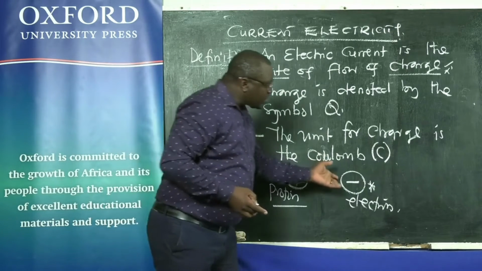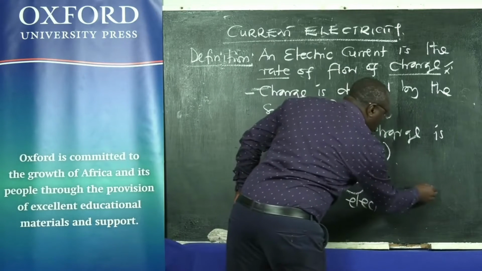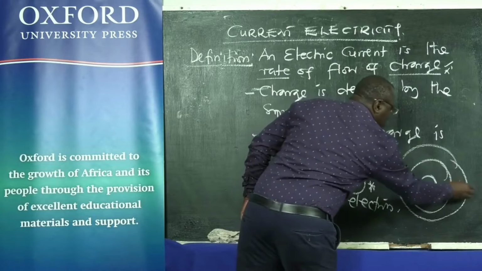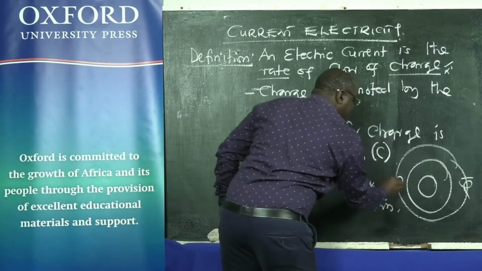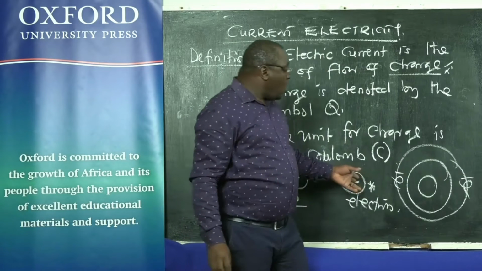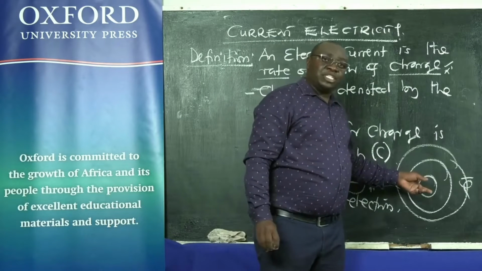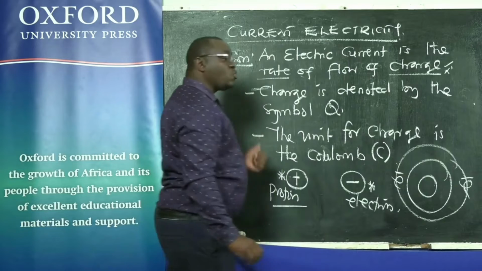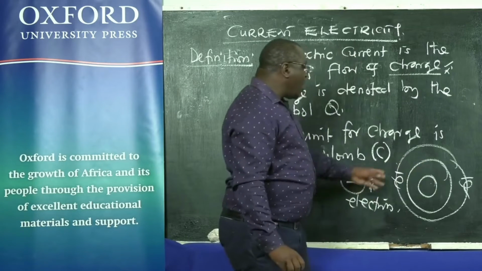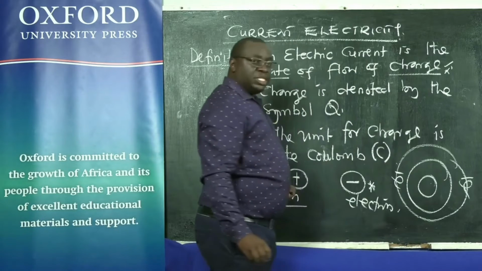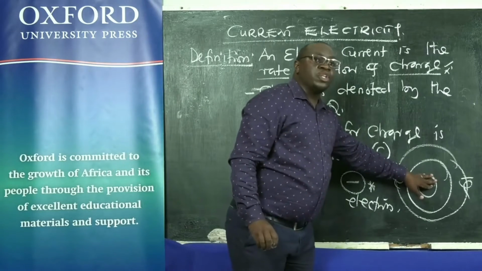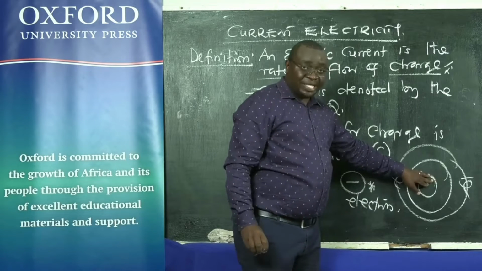Since these electrons are in a state of continuous orbit or movement, due to a number of factors, electrons can either be lost from the shells of an atom or gained by a particular atom. Where you have an atom with more electrons than protons, this atom is going to have a net charge of negative.